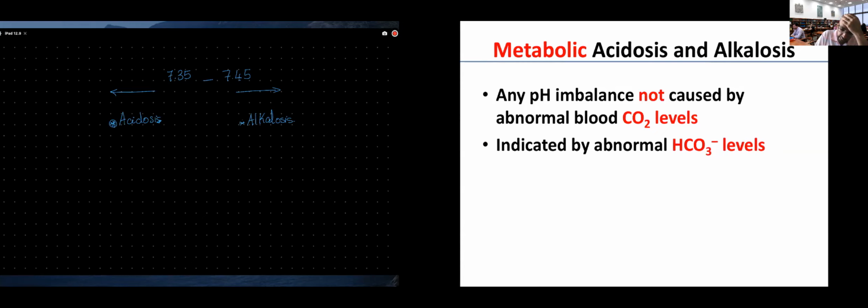So we classify the acidosis and alkalosis according to the reason behind this disturbance in the blood pH. If the reason is related to breathing, this will be classified as respiratory acidosis or respiratory alkalosis.